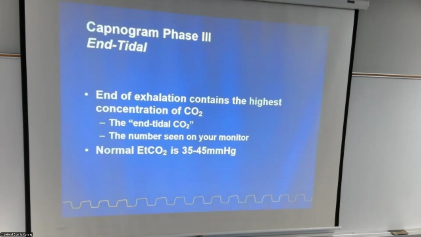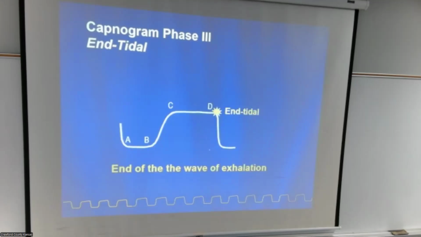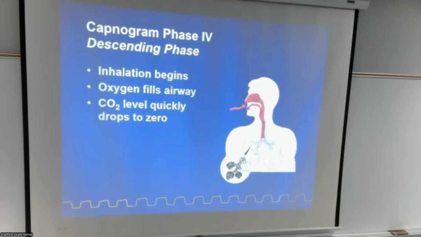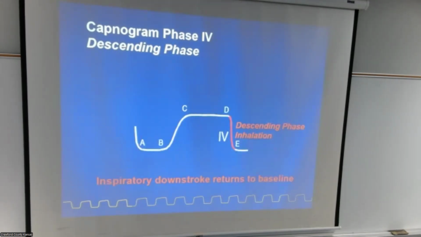Normal is between 35 and 45. It's the number that we're hoping for on the monitor. And that is the end of our exhalation. Phase 4 begins when inhalation begins, oxygen fills the CO2 quickly, and it quickly drops back to 0.